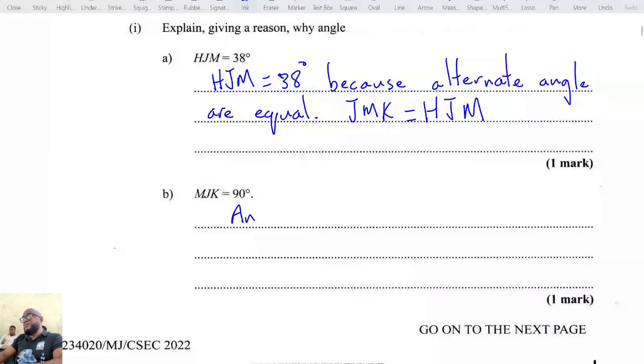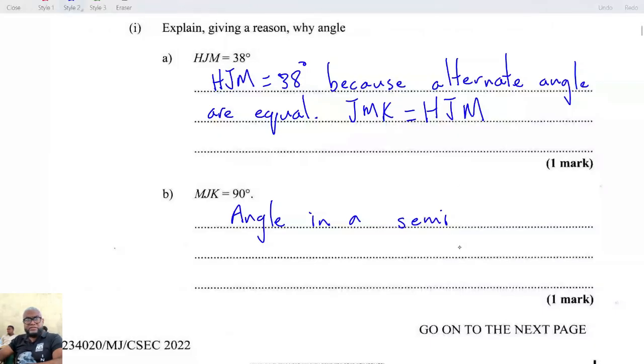So the reason for this will be angle in a semicircle. Write this down, please: angle in a semicircle is 90 degrees. That is the law. Everybody good there?